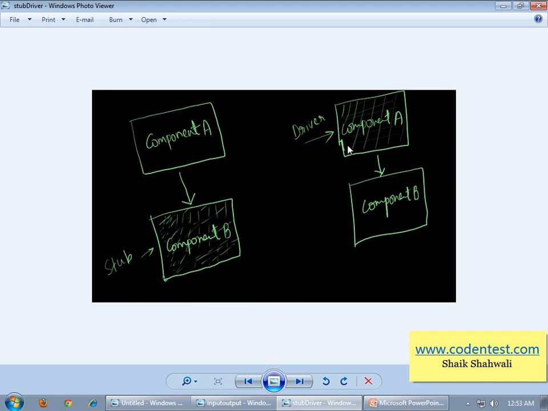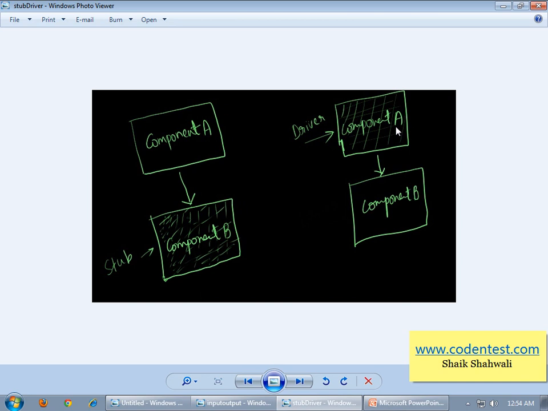We are calling component B from component A, but component A is not developed, so pseudocode is written for component A. Component A is calling component B, isn't it?